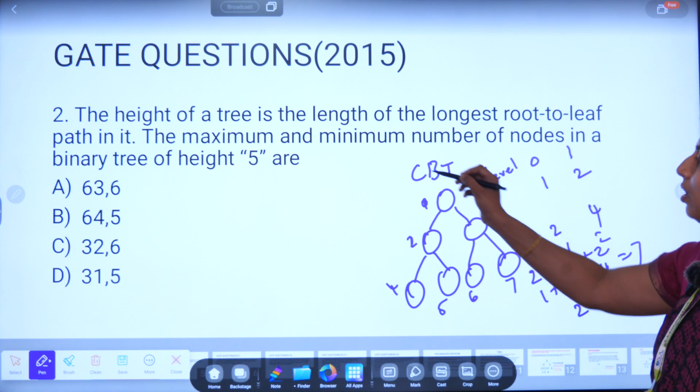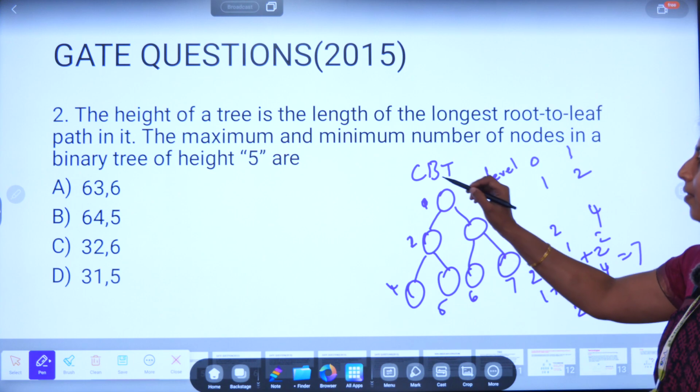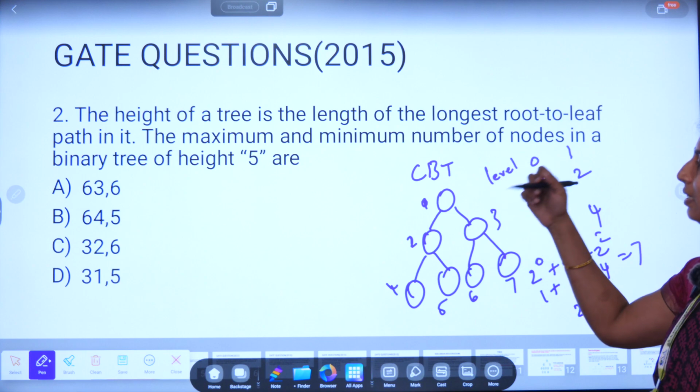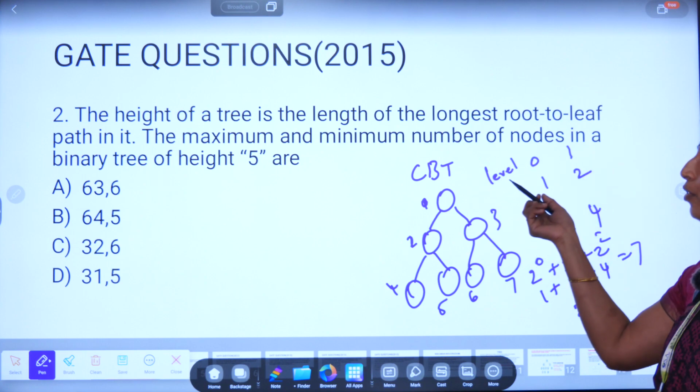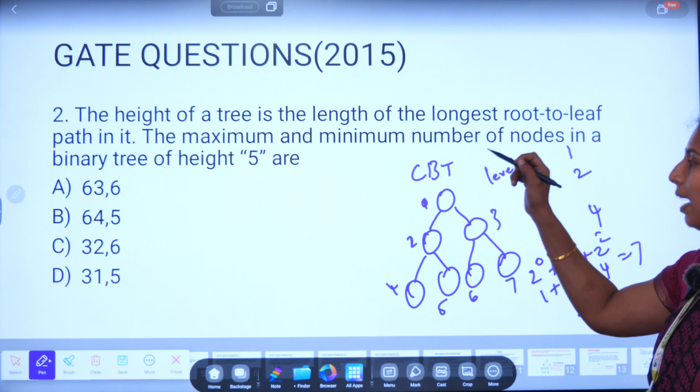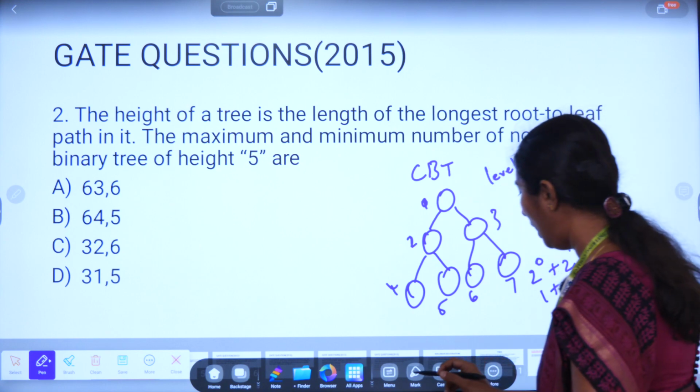In the question, they have given the height of the tree as 5. If we know the height of the tree, we can easily find the maximum number of nodes. So let's see that.